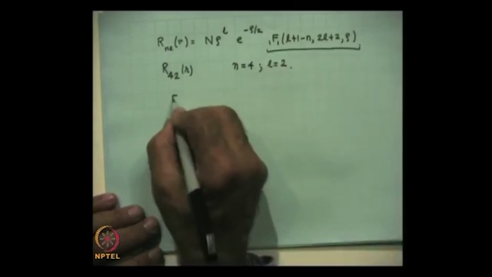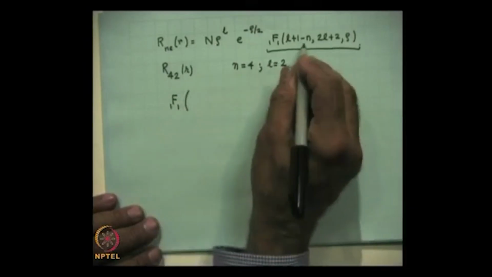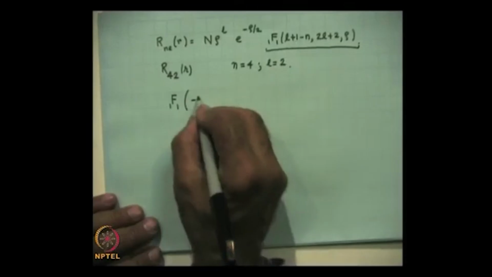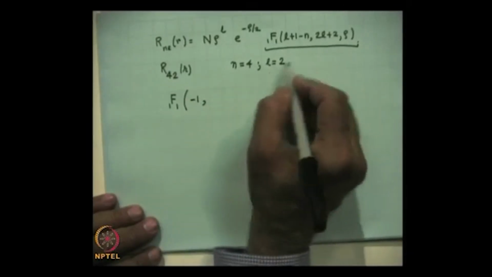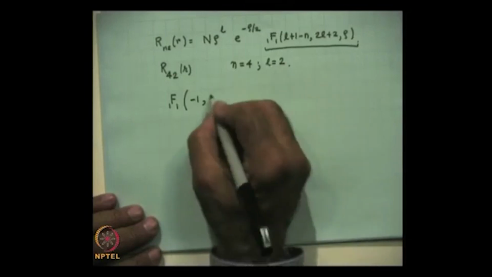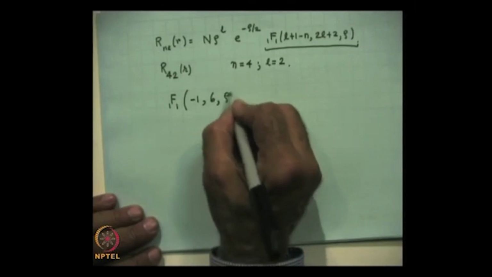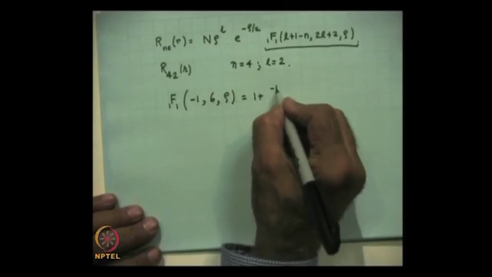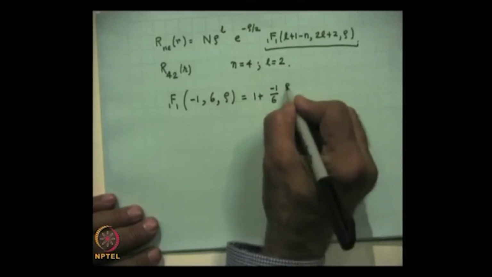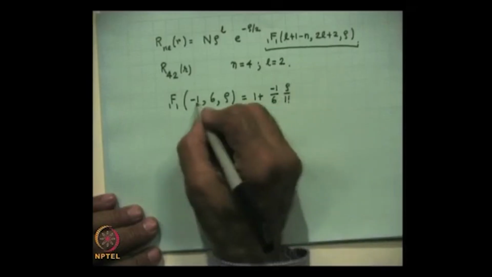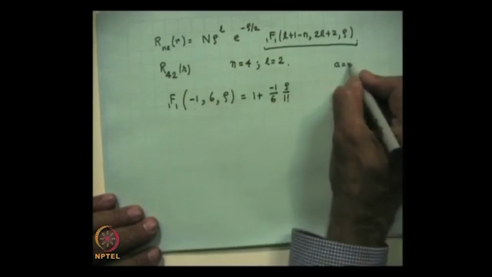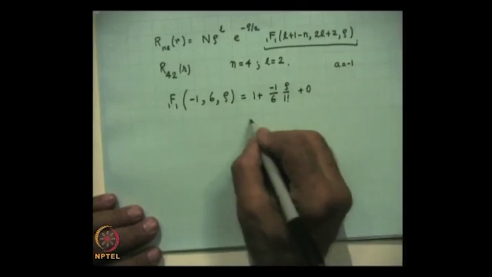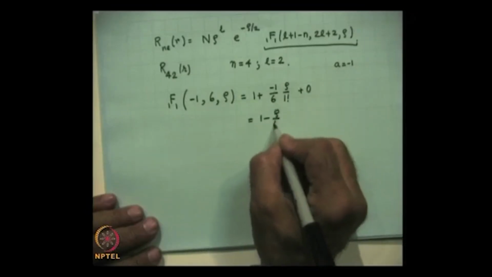The hypergeometric function has A as L plus 1 minus n, that is 2 plus 1, that is 3 minus 4, that is minus 1, and C is 2L plus 2, that is equal to 4 plus 2, 6, into rho, and this is 1 plus A by C, that is minus 1 by 6 into rho by factorial 1, then A is minus 1. So, A into A plus 1, that is 0.